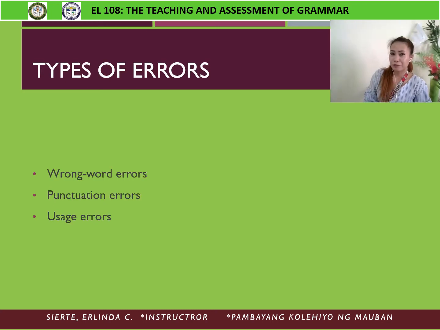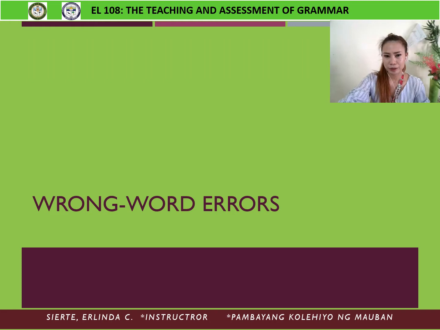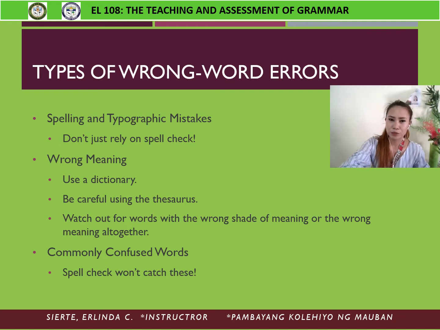And what are the types of errors? We have wrong word errors, punctuation errors, and usage errors. Now, let's dig deeper into the wrong word errors. These are the types of wrong word errors. We have spelling and typographic mistakes. So, don't just rely on spell check.